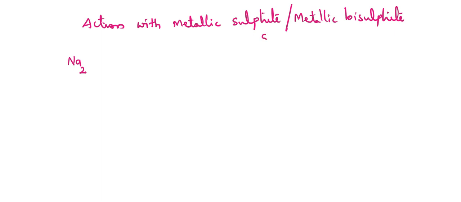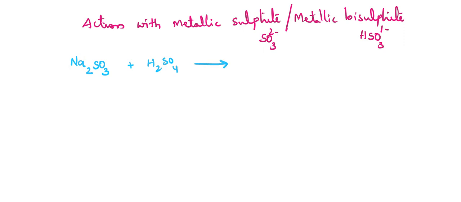Now symbol of sulfite is SO3 2 minus, bisulfite HSO3 1 minus. Take metal sodium with sulfite, Na2SO3, plus dilute sulfuric acid.